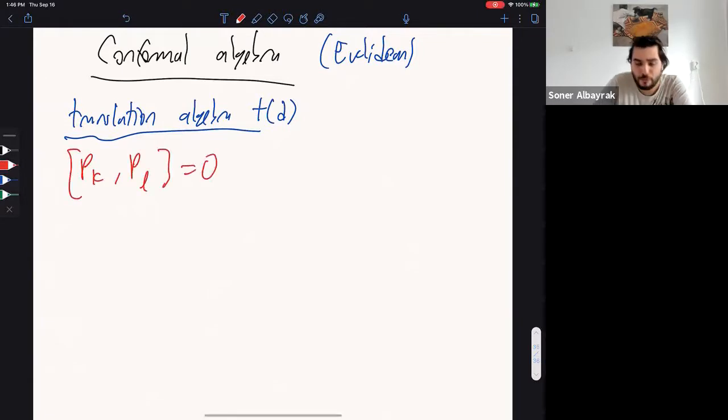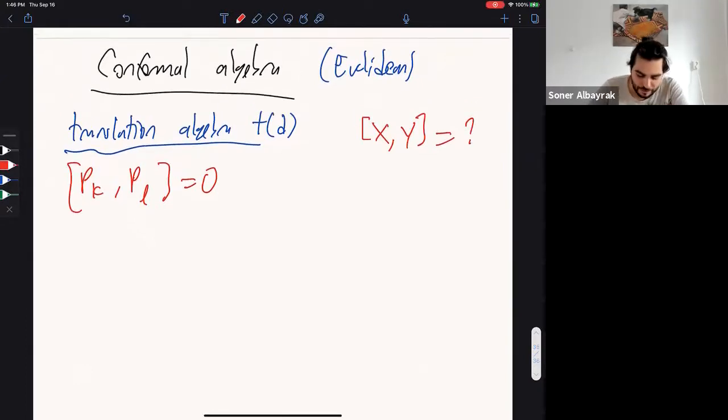Okay, so for a Lie algebra, you need to give the commutators. If you say there are these generators, let's say X and Y, you need to show us what this thing is to define the algebra. And translation algebra is basically just an Abelian algebra. It has D generators PI, and they satisfy this relation.